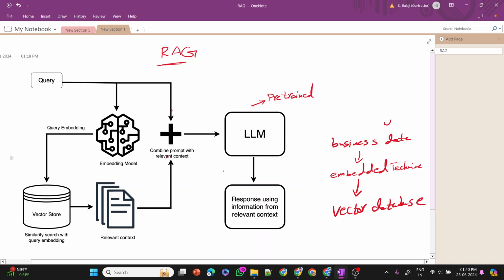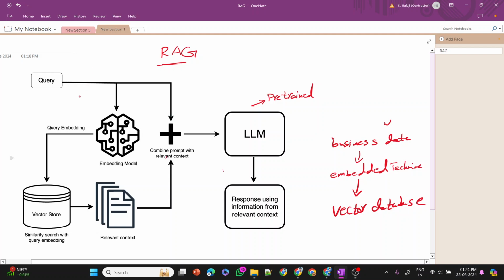This RAG helps to retrieve data from outside of the foundation model. Outside of the foundation model, because these LLM models are trained on internet data sets, so it takes the data from outside of the box.